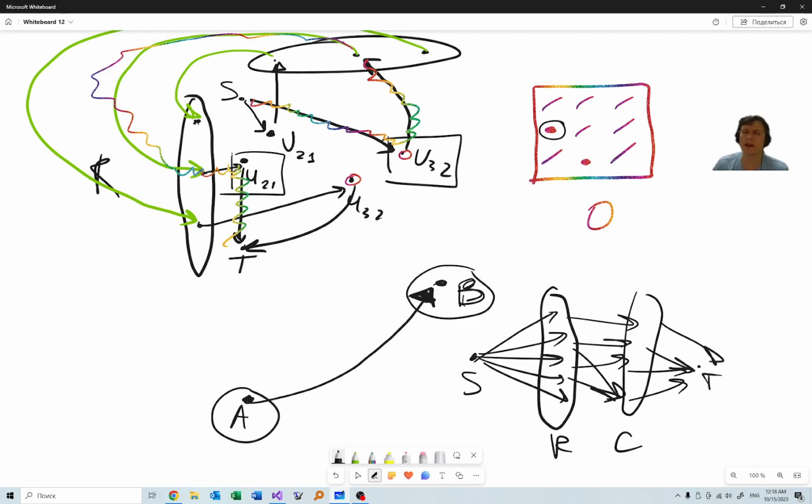Or not matching, but depending on these capacities, maximum matching or maximum just taking all edges or something like this. But we are not allowed to do it, because we need these degrees to be equal.